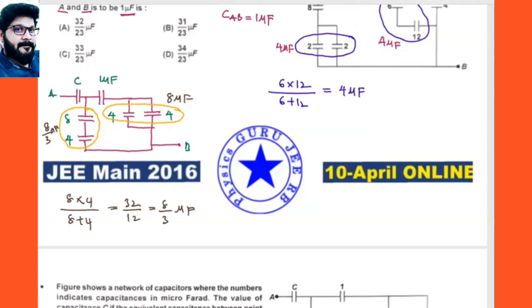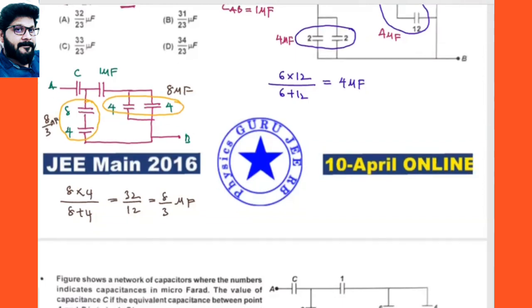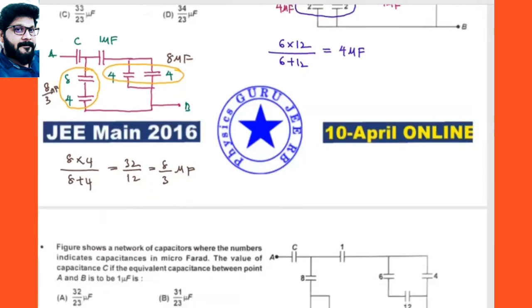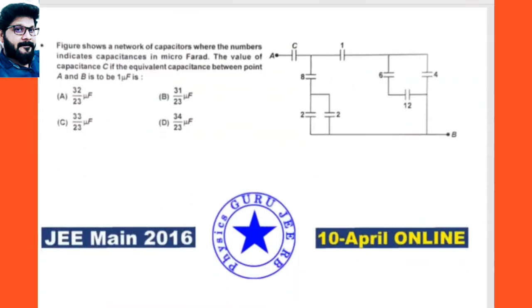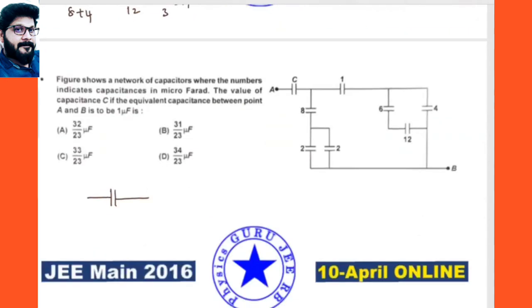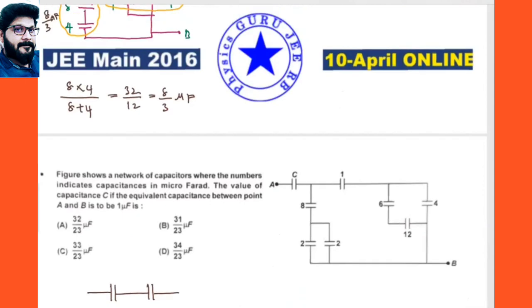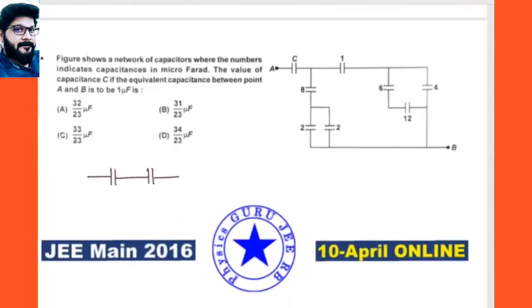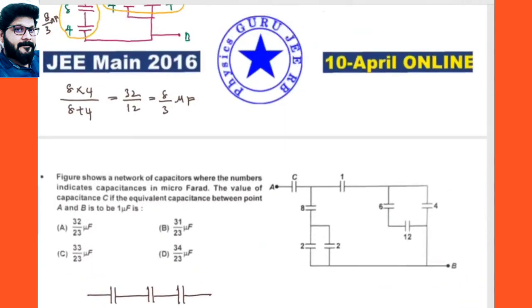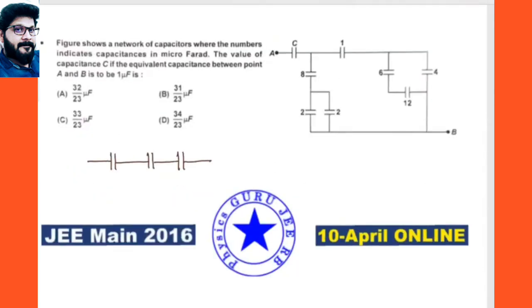Now again we have to reconstruct this one. Here 8 and 1 are in series. So let me reconstruct this diagram again. Let me take here a C as it is. Then 1, and here it is 8.